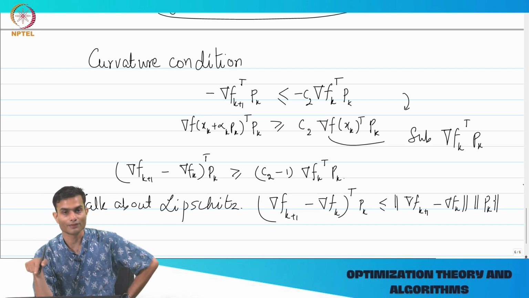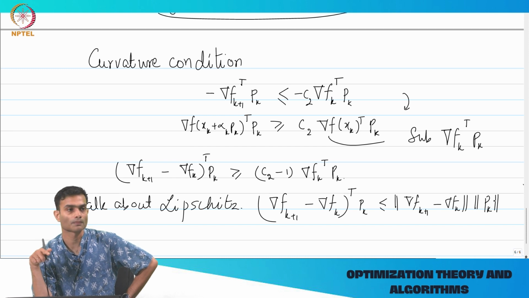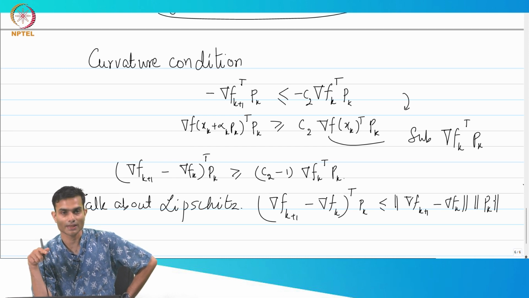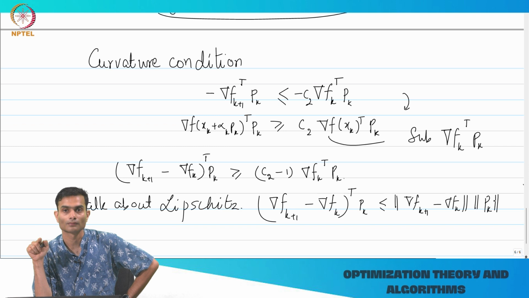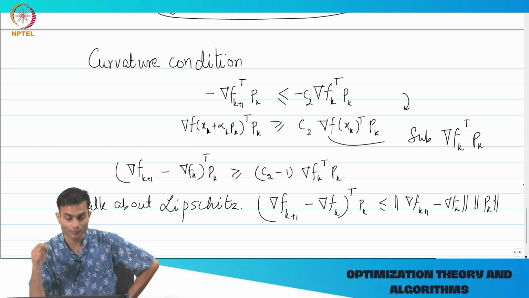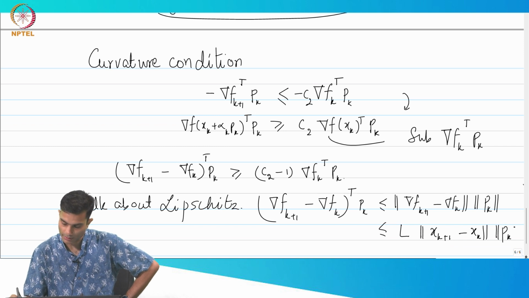I got this difference of gradients over here. Immediately can I apply Lipschitz? Lipschitz is saying that this norm of grad f k plus 1 minus grad f k should be less than or equal to L times the norm of x k plus 1 minus x k.